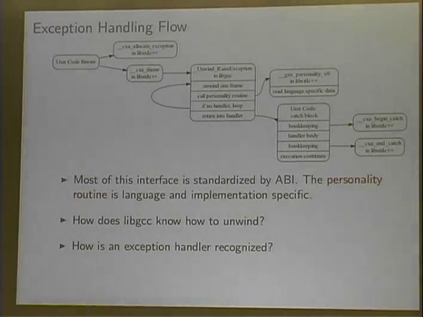So exception handling has this complex path through libgcc, libstdc++, and the user code. If the user code throws, __cxa_allocate_exception, mandated by the C++ ABI, then __cxa_throw. __cxa_throw calls _Unwind_RaiseException, which is mandated by the x86-64 ABI. Essentially what that does is it unwinds one frame, it calls the personality routine, which is the language-specific handler that reads the GCC except table contents. The personality routine says whether or not unwinding should stop.